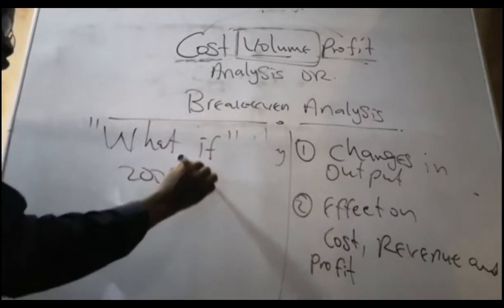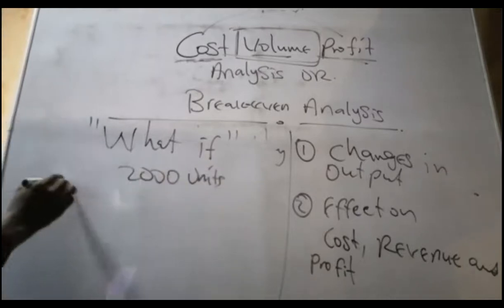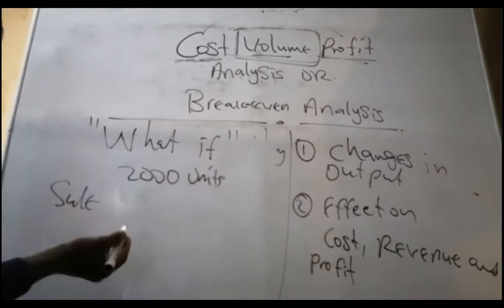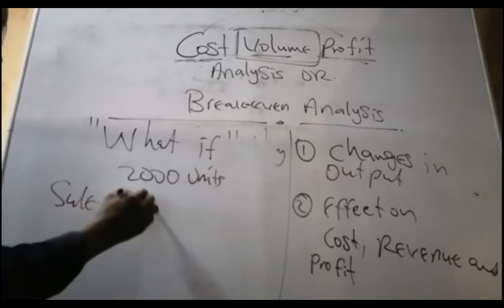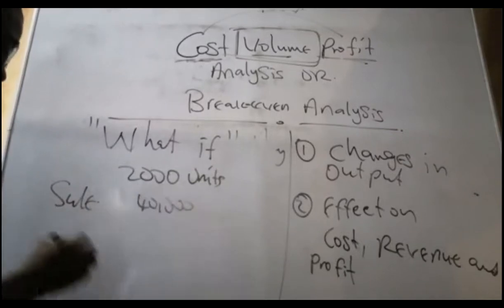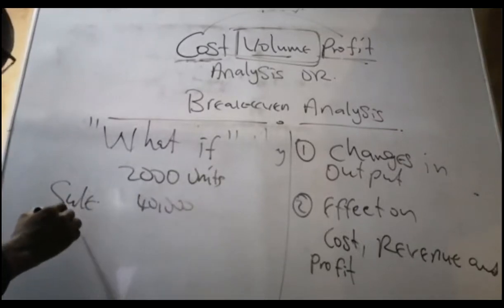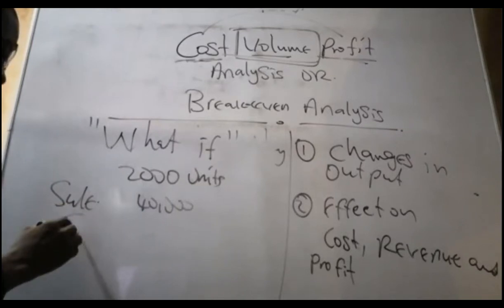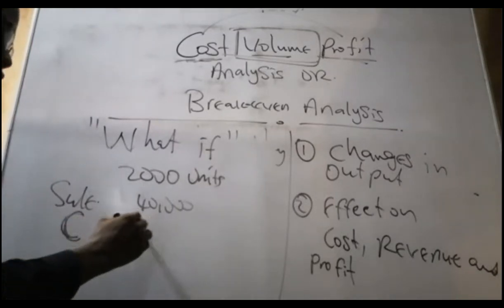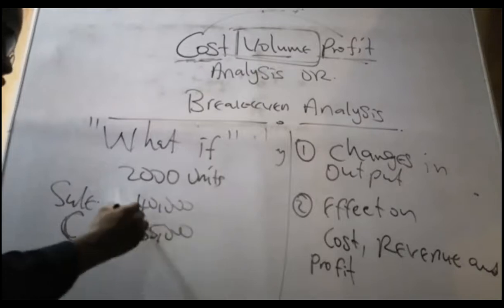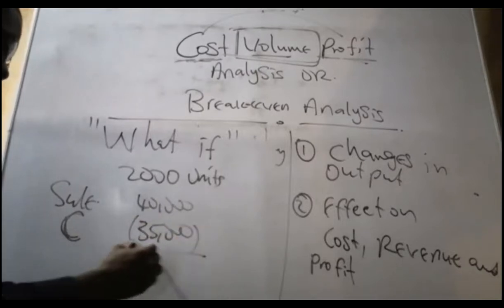When we produce 2,000 units, what will be our sales revenue? Oh, maybe sales revenue will be 40,000. Okay, that's fine. What will be our cost? Our cost will be around 35,000. What will be our profit? Oh, 5,000.